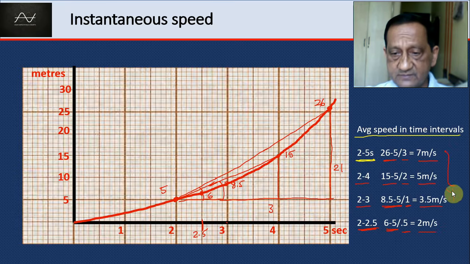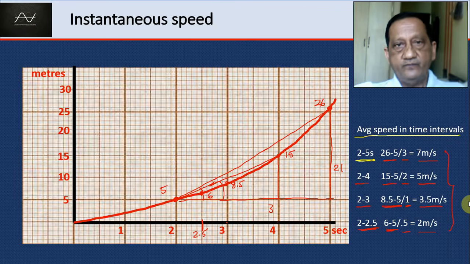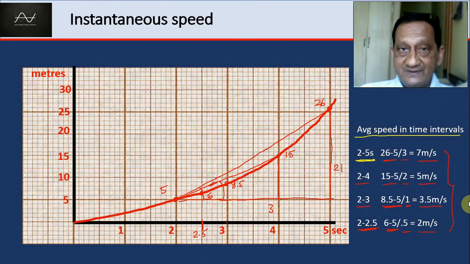Look at these numbers. The average speed in different time intervals is different. That means the speed is not constant. If the speed were constant, then the average speed between any two time intervals would have been the same. If you maintain your speed constant, whether you take from 10 a.m. to 10:30 or 10:30 to 11 or 11 to 12, the speed is not changing, the average speed remains the same.